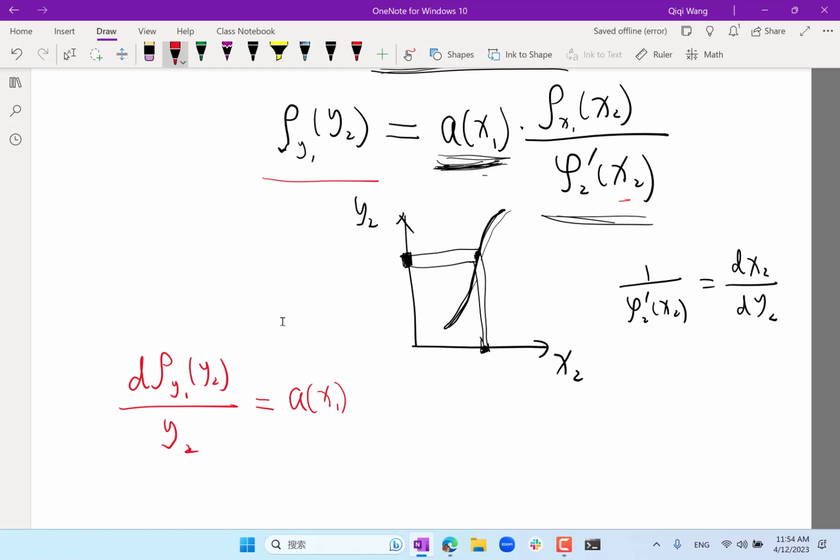And we know that to translate the dy2 to dx2, we need to multiply by dx2 over dy2, and then take the derivative of the ratio with respect to dx2.